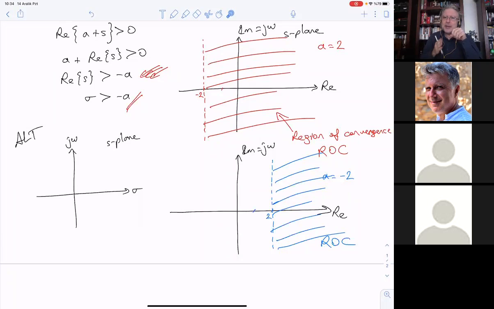If you only evaluate the Laplace transform at the j omega axis, that corresponds to the Fourier transform. But of course, you can only do that if the j omega axis is included in the region of convergence. If it is not included, it means you simply don't have the Fourier transform.